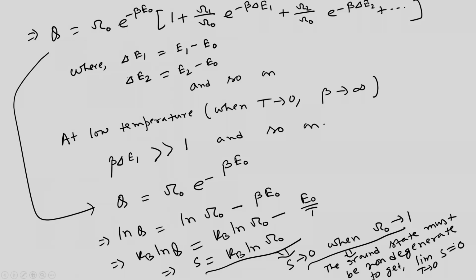So it says that the ground state must be non-degenerate, or the degeneracy of the ground state must be equal to 1, in order to hold the relation that S equals 0 as T goes to 0. Thank you.